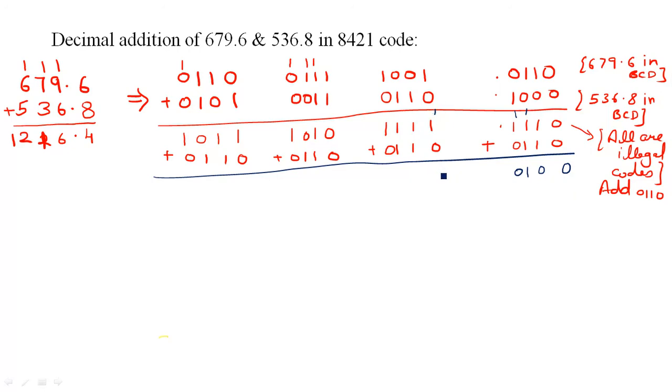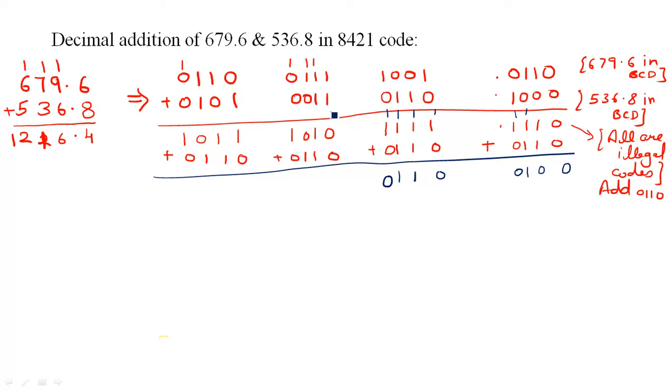So 1 plus 1 is 0, carry 1, 1 plus 1 is 10, 10 plus 1 is 11, 1 plus 1 is 10, 10 plus 1 is 11, 1 plus 1 is 10.